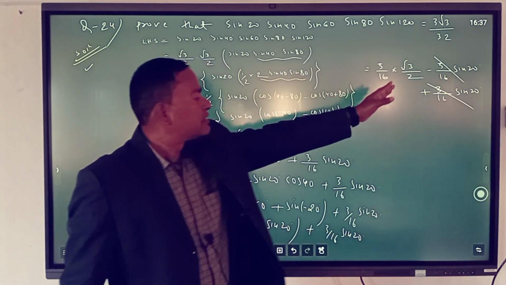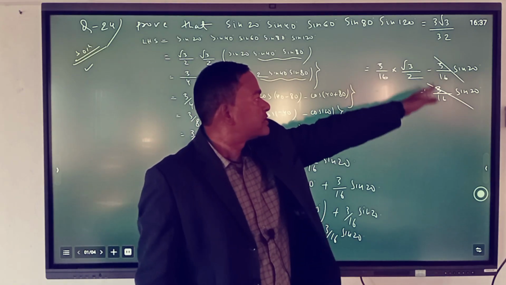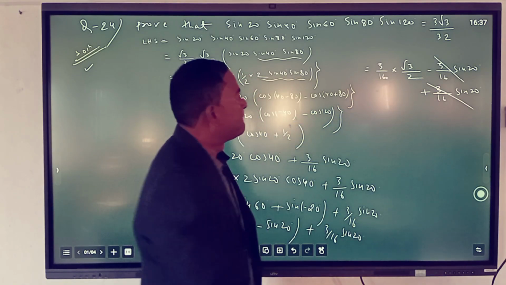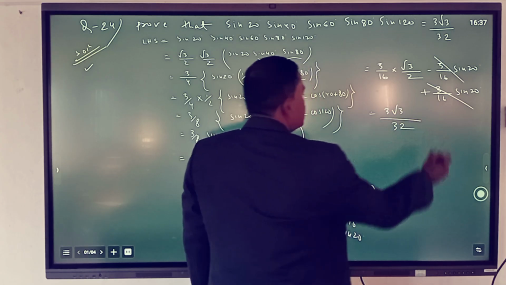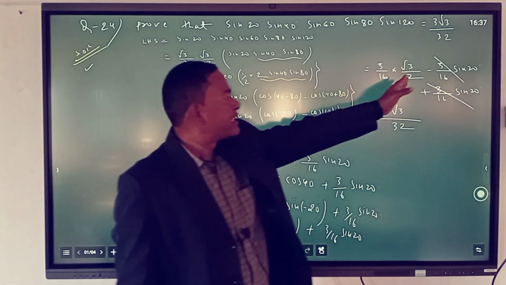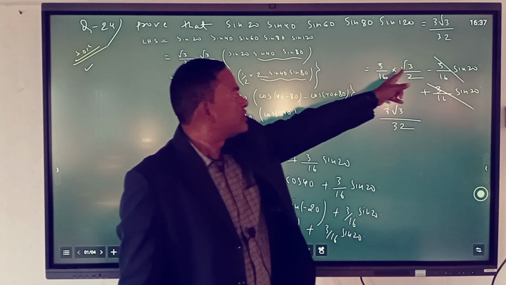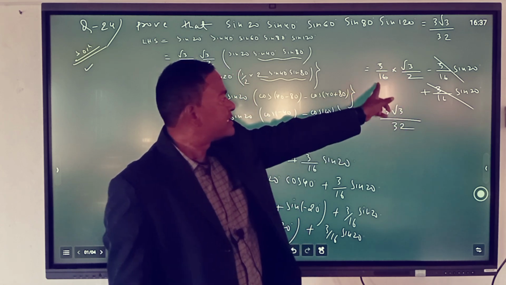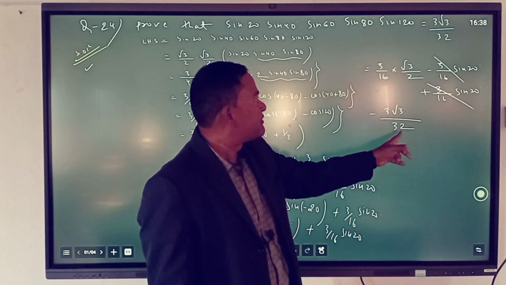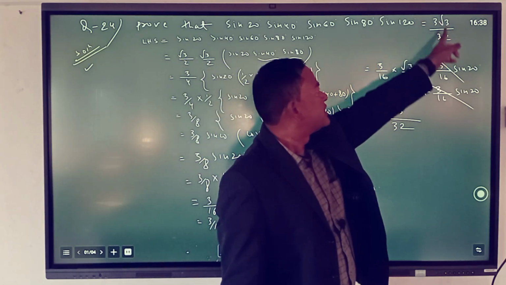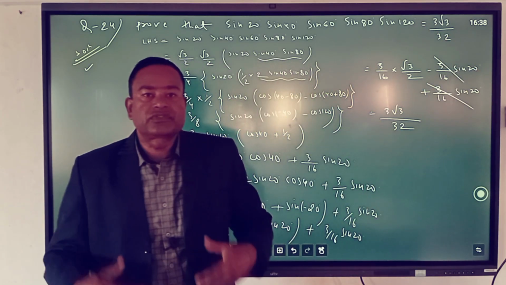Now plus and minus cancel because they are equal and opposite in sign. So after multiplying 3 into root 3, we have got 3 root 3, and 16 times 2, we have got 32. So the answer is 3 root 3 divided by 32, which is equal to RHS.